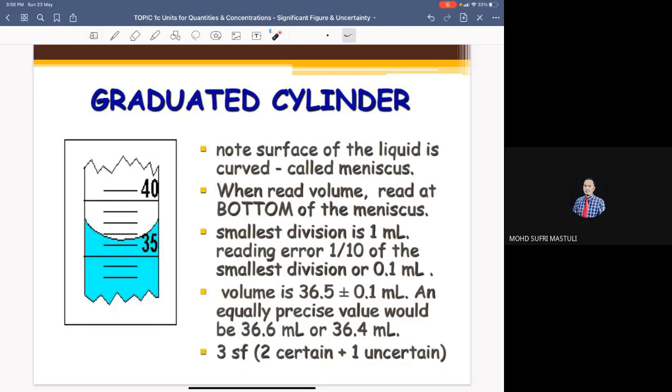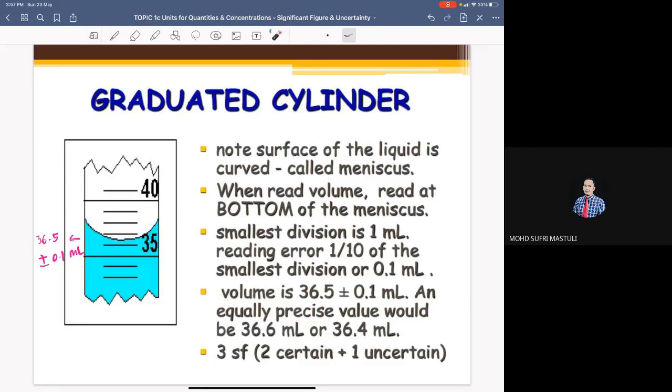So the volume in this graduated cylinder, you can write it as 36.5 plus minus reading error 0.1 ml.